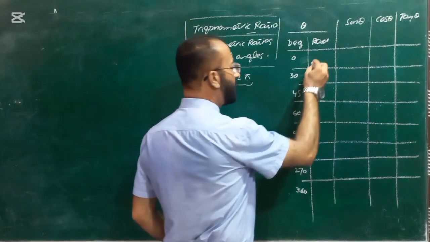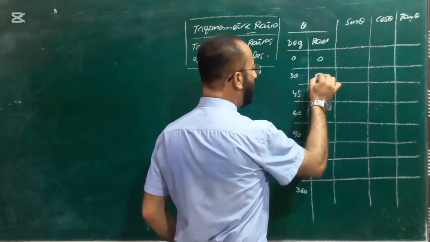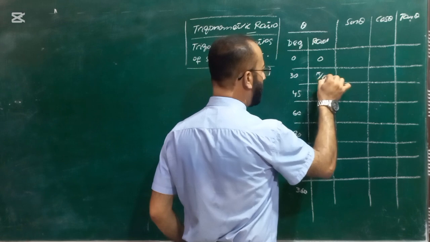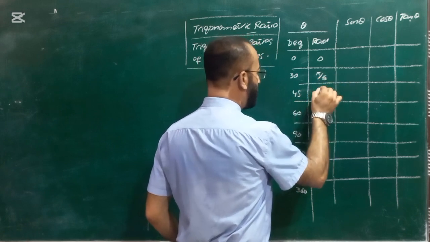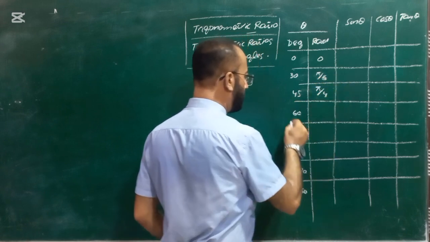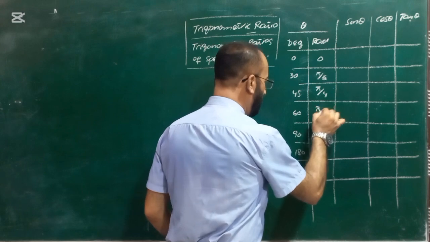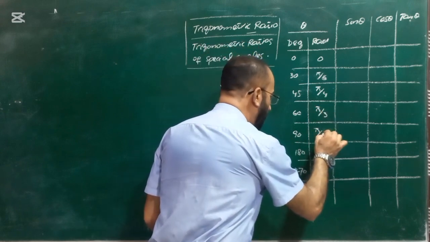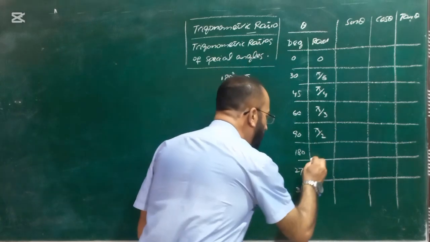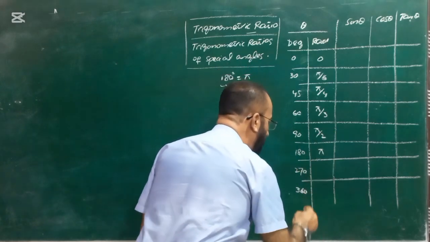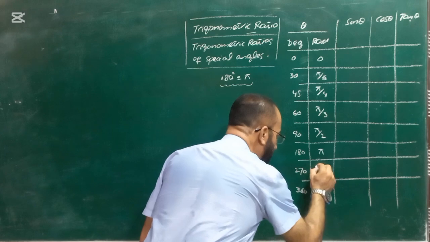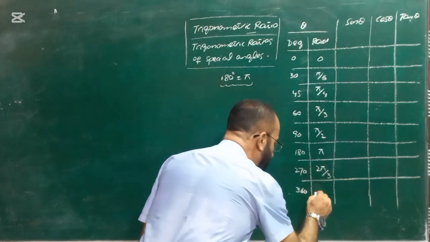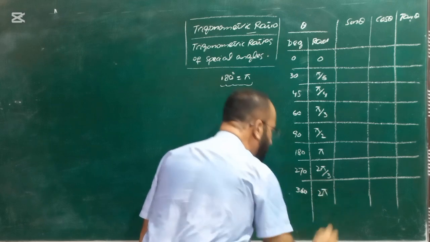So 0 degree is 0, 30 is pi by 6, 45 is pi by 4, 60 is pi by 3, 90 is pi by 2, 180 is pi, 270 is 3 pi by 2, and 360 is 2 pi.